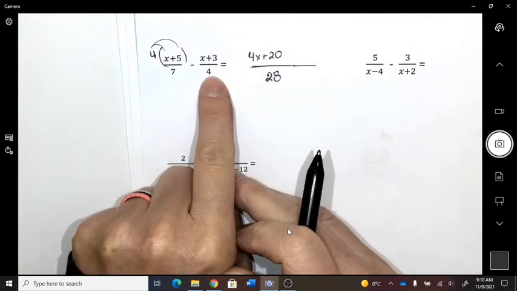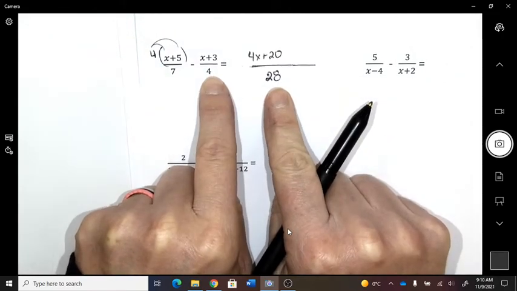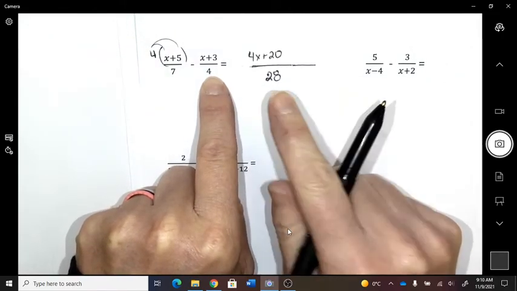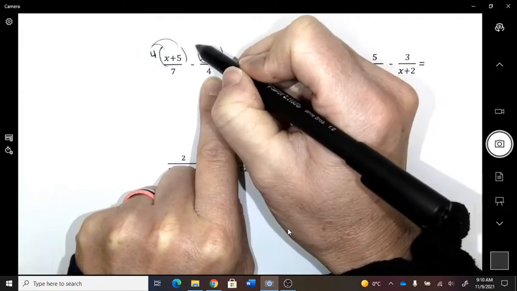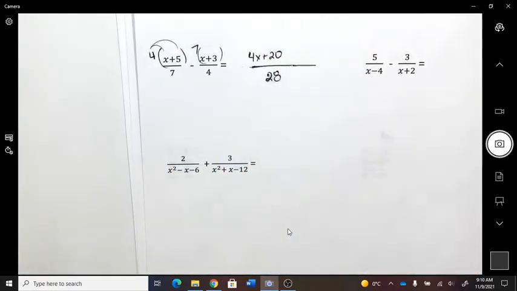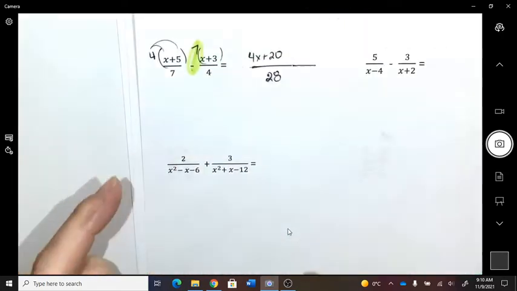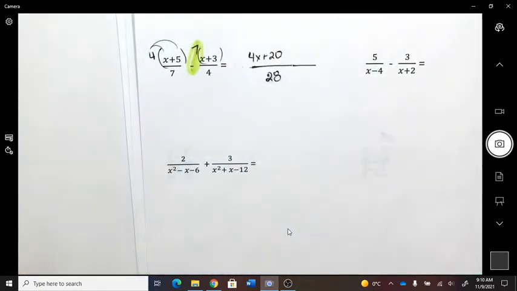Okay, next fraction. This was a 4. What did I do? I turned it into a 28. So what did I do? I timesed it by 7. Okay, here's where the mistakes happen. You have to think about that number as a negative 7.